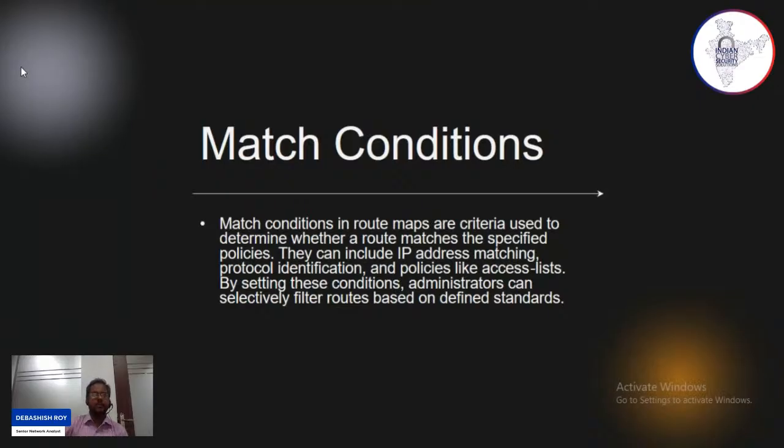Then you have to match those networks first, and the network prefix, subnet mask or CIDR value, especially in case of BGP, should be very unique. It should be an exact match. It can include IP address matching, protocol identification, and policies like the access list.